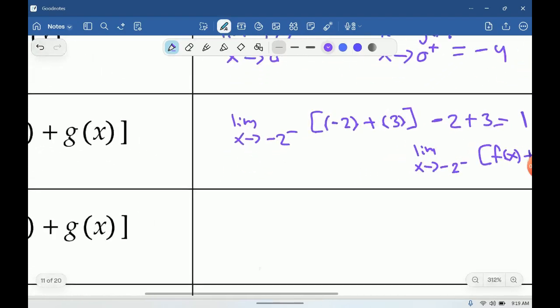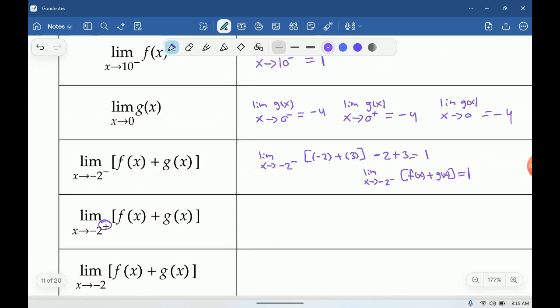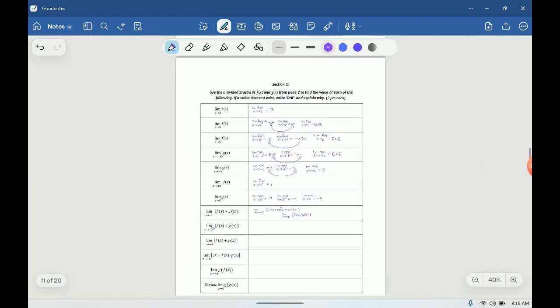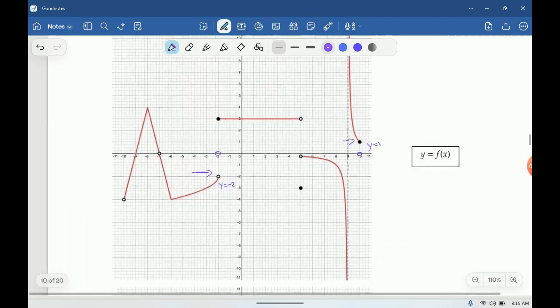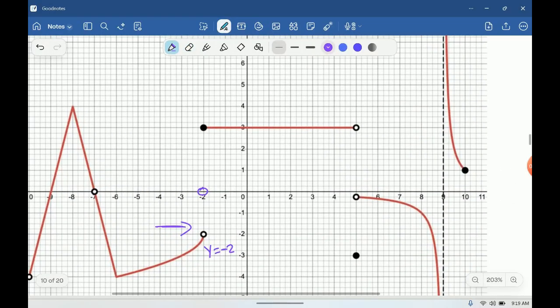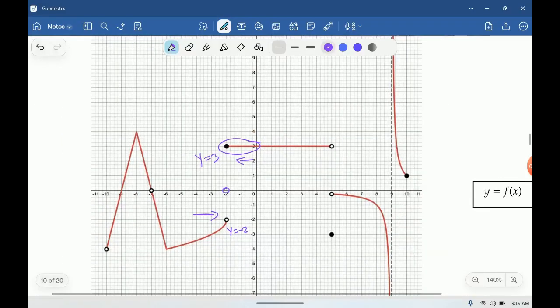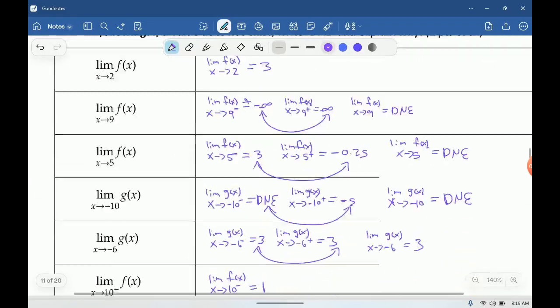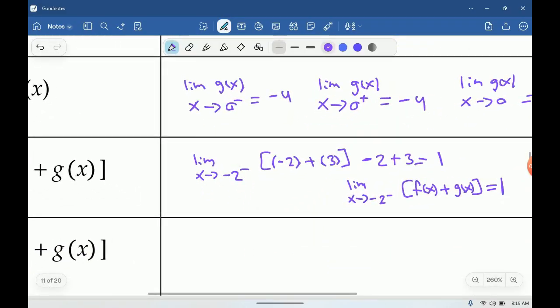Our next one asks the same thing, but it asks us to look at only the right side. So we're going to go back to our graphs, and we're going to look at the same spot, but we're only going to care about the right side, which is going to be this one right over here. All right, so it says it meets at y equals 3 for the f of x. We're going to write that down.